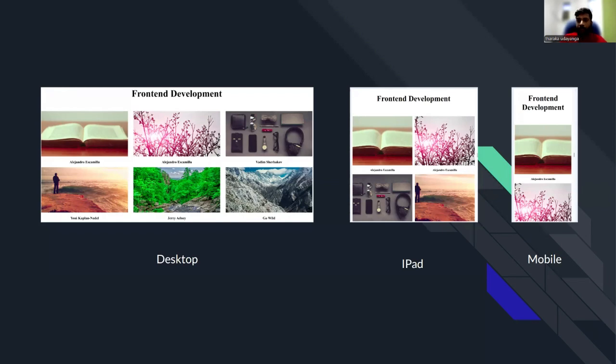For desktop or laptop views, we will show three images in a row, and for iPads and so on, we will show two images per row, and for mobile view, we will display them in stacked order. Likewise, we can display those images.